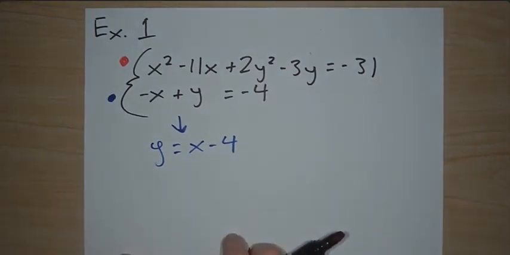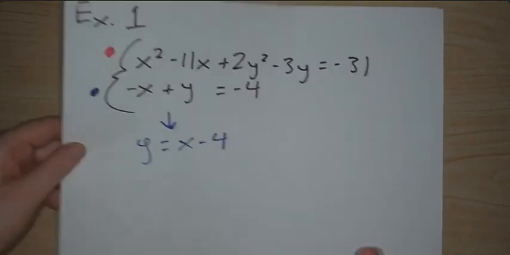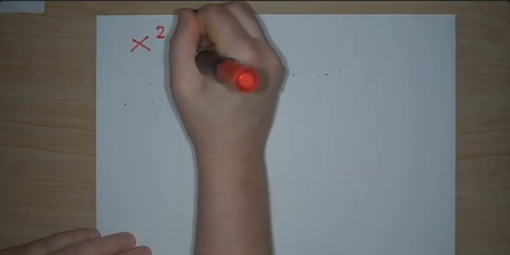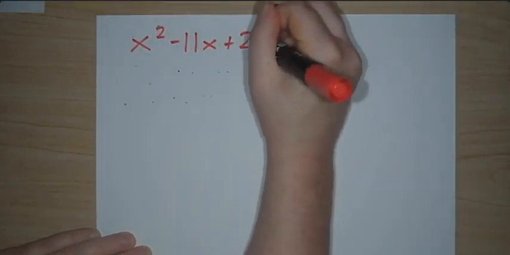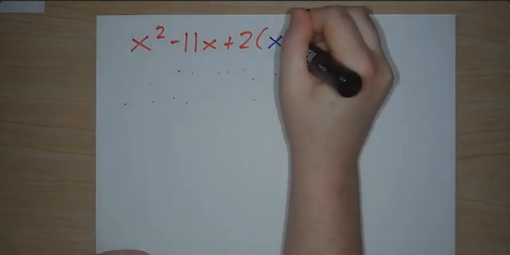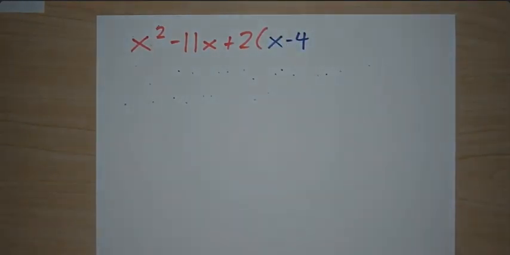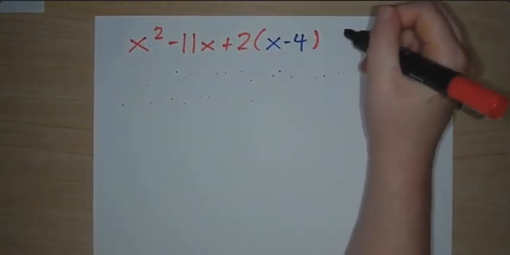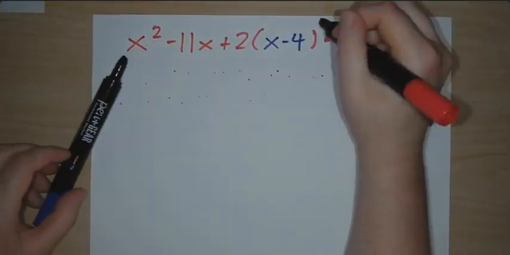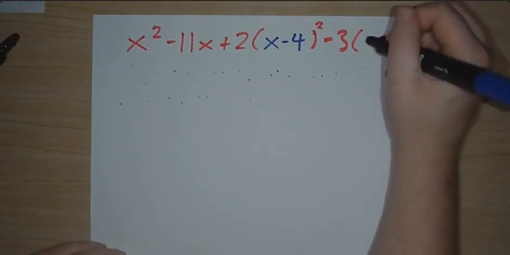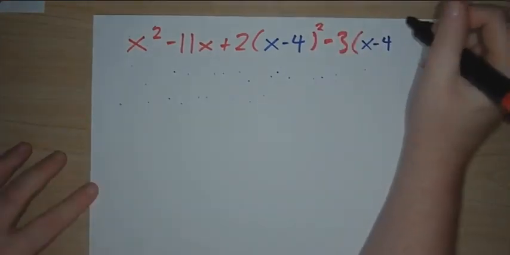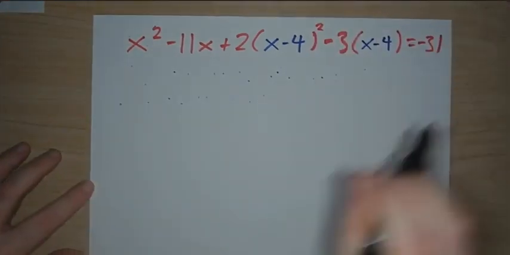Doing that on another page, we have x squared minus 11x plus 2 times y squared, and our y from the other equation was x minus 4, and then minus 3y, where y was again x minus 4, equal to negative 31.